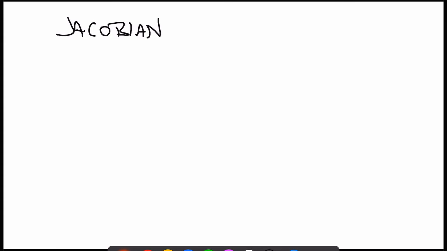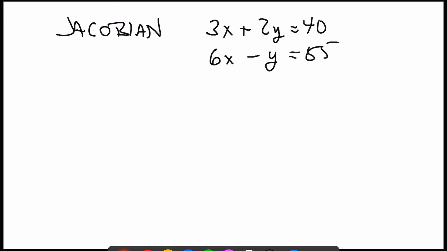So we had two equations, right? 3x plus 2y equals 40, and 6x minus y equals 55. Okay? The Jacobian is a determinant matrix of the first partials.